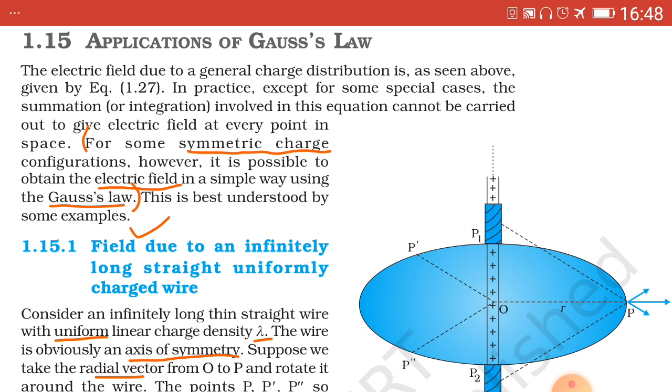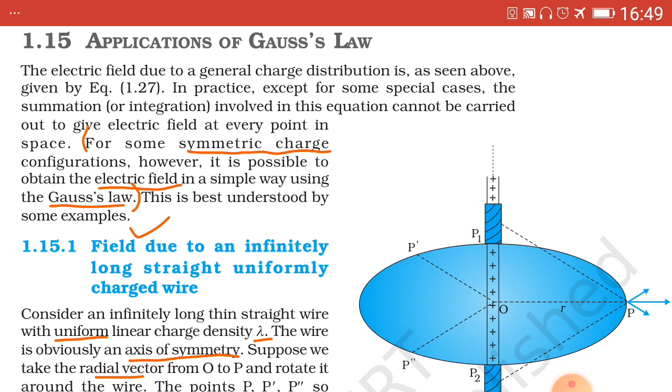Okay, now we study the topic applications of Gauss's law. This law can be used for some symmetric charge configurations, and it is possible to obtain the electric field using Gauss law in 3 different cases.